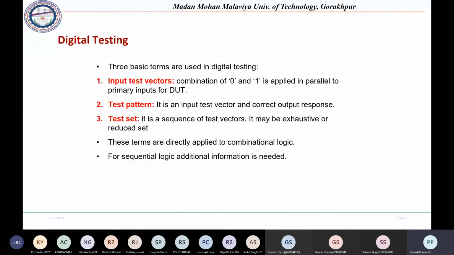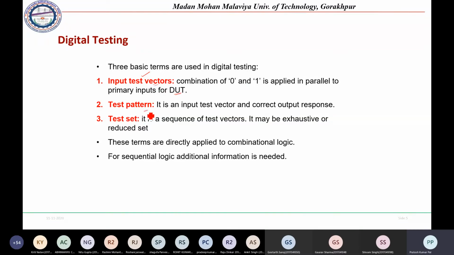There are different terms used in digital testing. Input test vectors, you already know what they are. It is a combination of zeros and ones that is applied in parallel to the primary inputs for design and test. Whatever inputs we provide will be called test vectors.